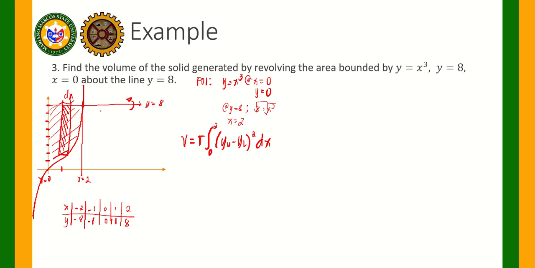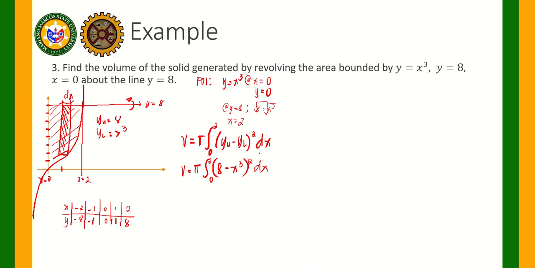So, what is our y upper? Yung y upper natin is this one, si y, which is equal to 8. And y lower natin is, what is our y lower? Yung graph natin, which is equal to x cubed. Okay? So, if we plug in the values of y upper and y lower, this is equal to 8 minus x cubed, squared dx limits from 0 to 2.